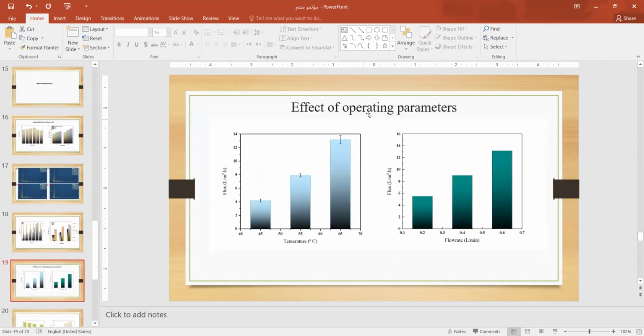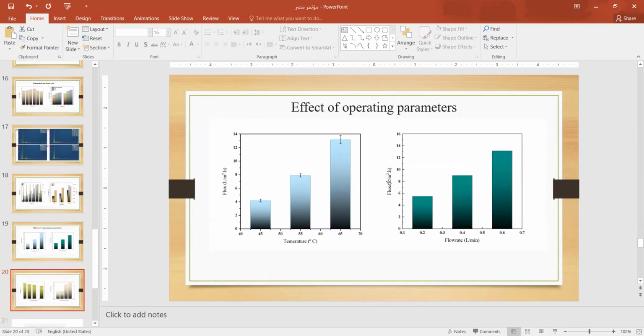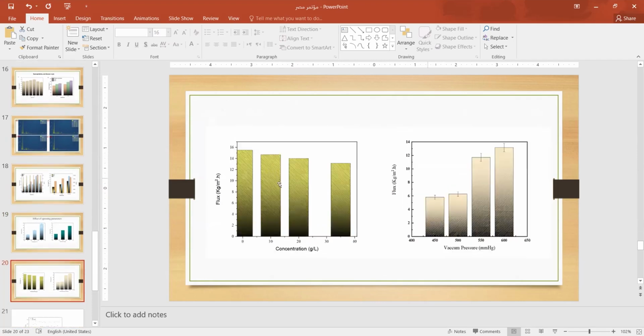Effect of operating parameters: we studied the effect of temperature and flow rate. We found that the permeate flux increased with the temperature of the feed solution and with the flow rate of the feed solution. When the concentration increased, the permeate flux decreased. And when the vacuum pressure increased, the permeate flux increased.